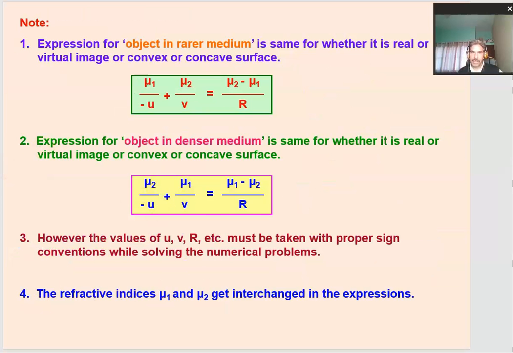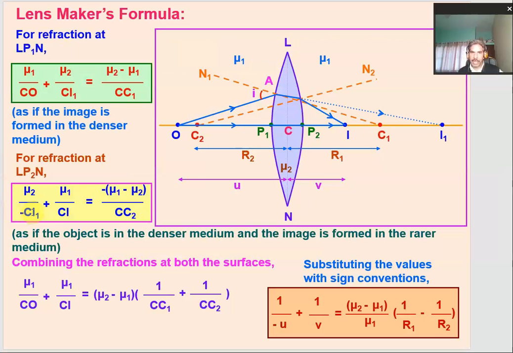So for this we have here minus mu2 upon CI1 plus mu1 upon CI, which is equal to minus (mu1 minus mu2) upon C2. So this is the only difference here. For the first surface we have one formula, and for the other surface we have to remember the other formula in terms of its general form.